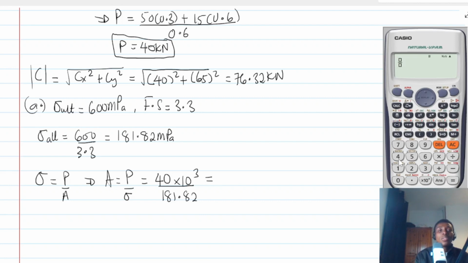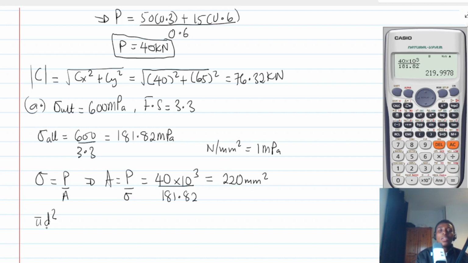Therefore, 40 times 10 to the power 3 divided by 181.82 gives us 219.99, so let's say 220 millimeter squared. Please take notice, 1 Newton per millimeter squared is actually 1 megapascal. So this is the area.